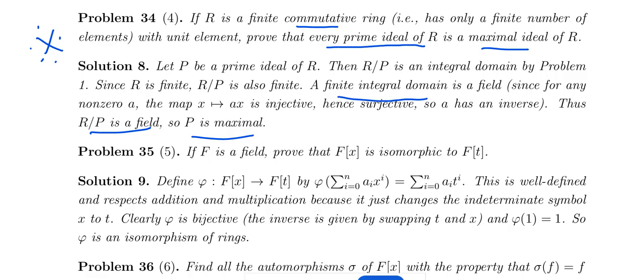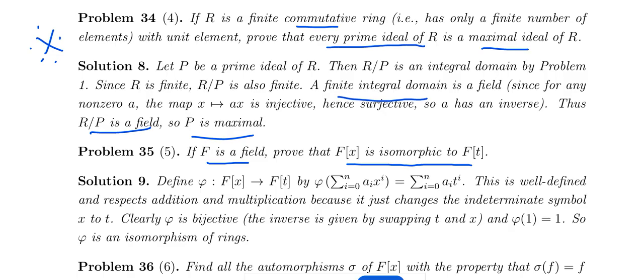And another one: if F is a field, then F[x] is isomorphic to F[t]. Suppose we define the function from F[x] to F[t]. F[x] is the collection of polynomials. So a collection of nth degree polynomials is equivalent to the nth degree polynomials in terms of t.